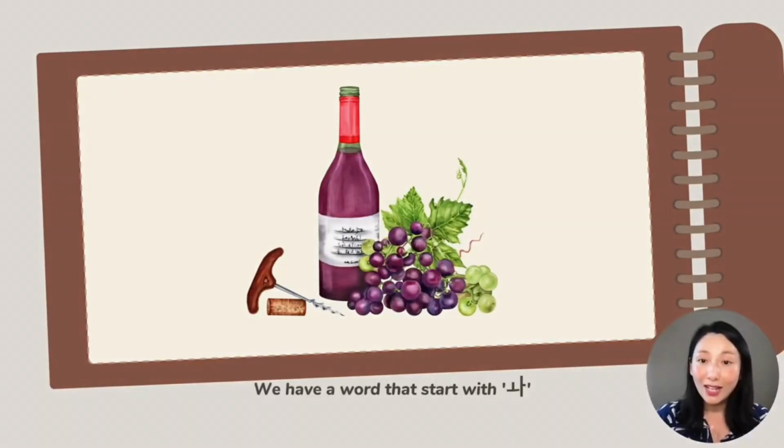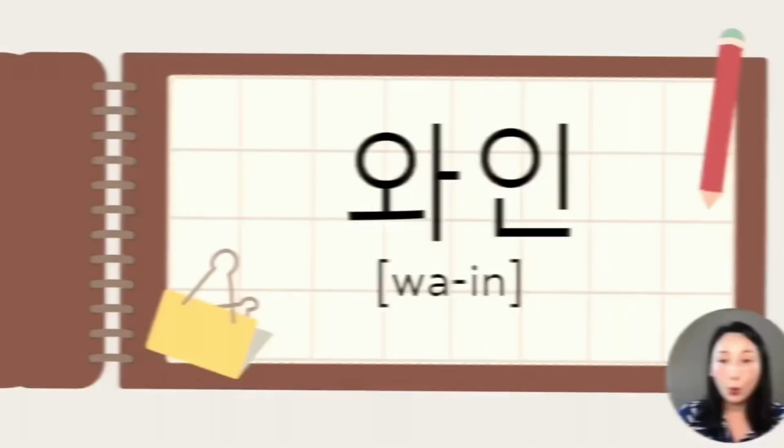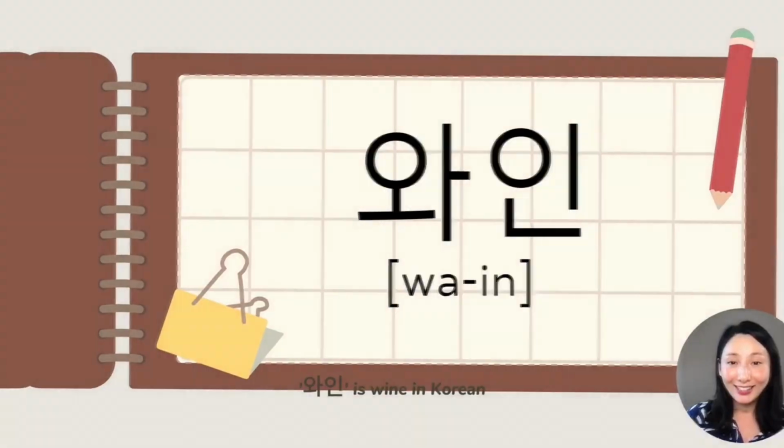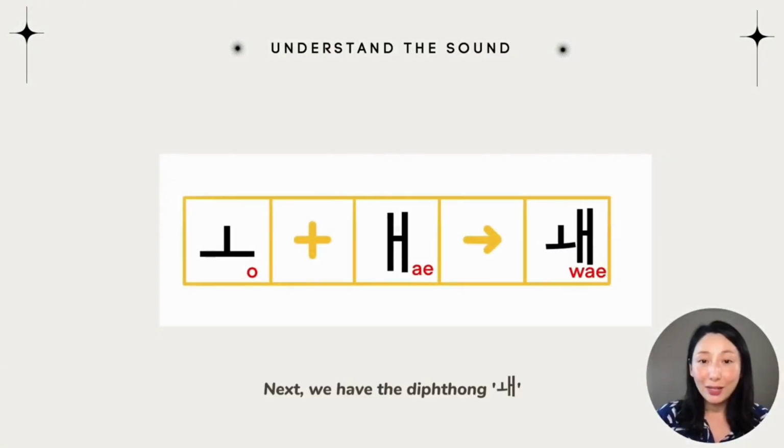We have a word that starts with Wa: Wa in is wine in Korean. Next, we have the diphthong we.